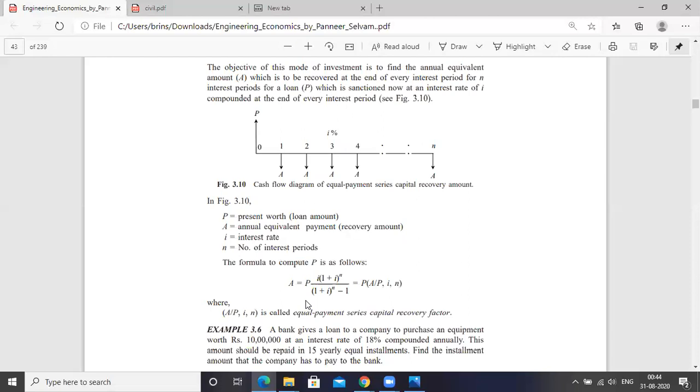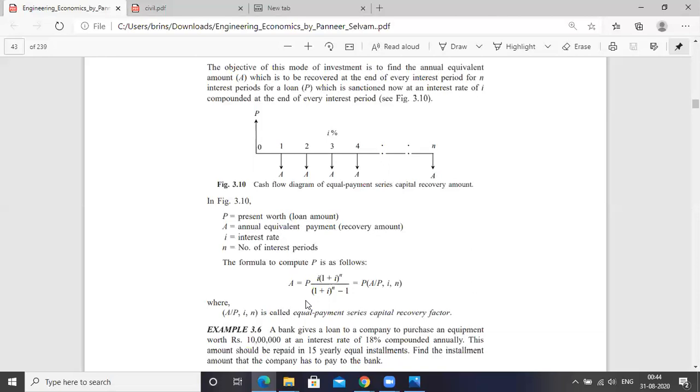So this ratio is your uniform series capital recovery factor. Again you can use this formula to calculate your capital recovery factor, or else you can use a compound interest table to find the values.